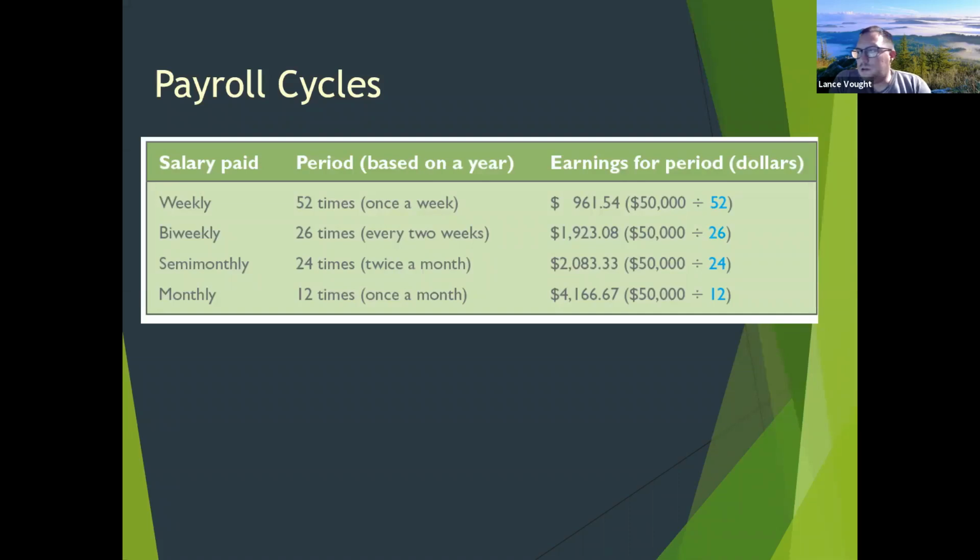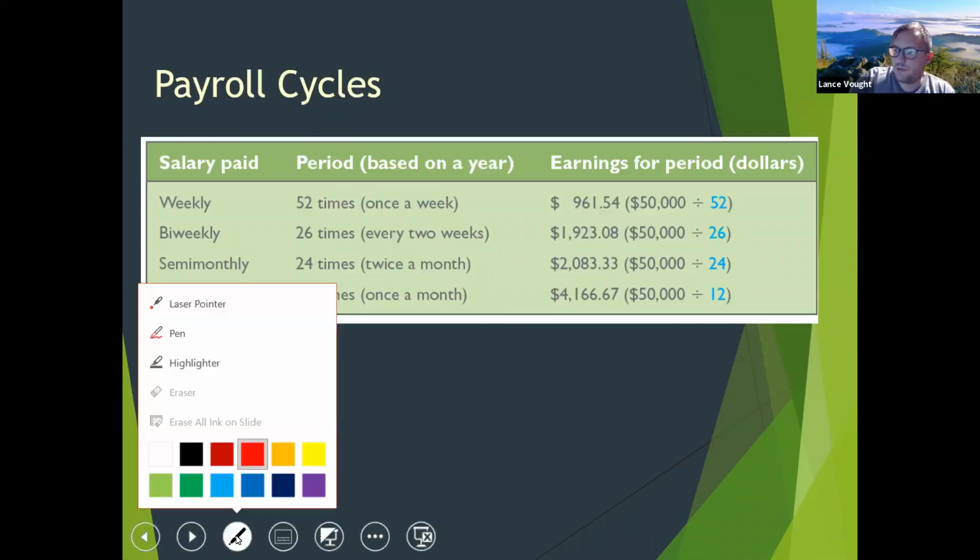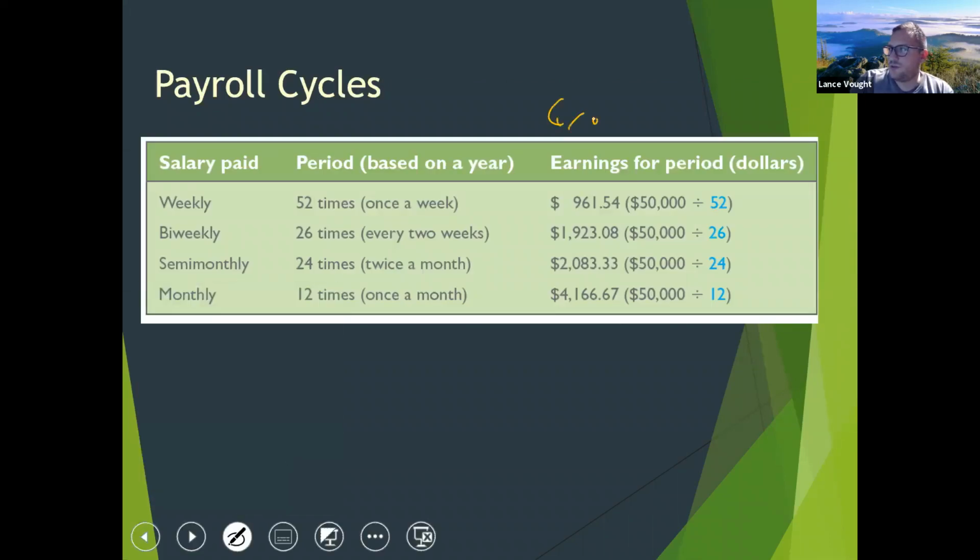So if you're getting paid $50,000 a year, don't we all wish that, or for more than that, this is your gross earnings per pay period. If you have a $50,000 a year salary and you're getting paid every week, your gross pay will be $961.